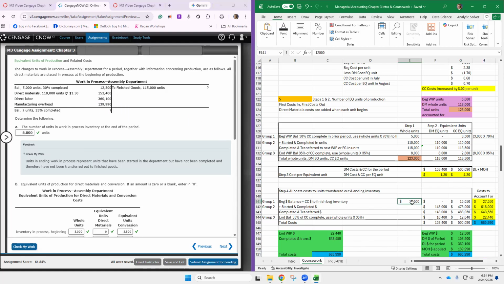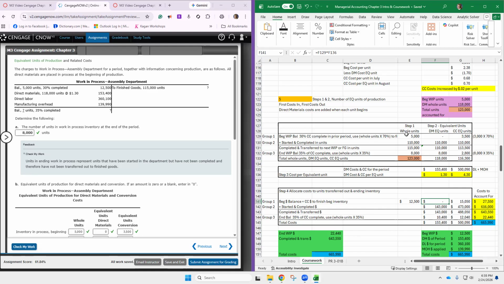So I've got 12,500. We don't need to add any more direct materials costs to the ones that are sitting there in beginning inventory. They are 30% complete. So I want to put that on here. 30% complete. There it is.